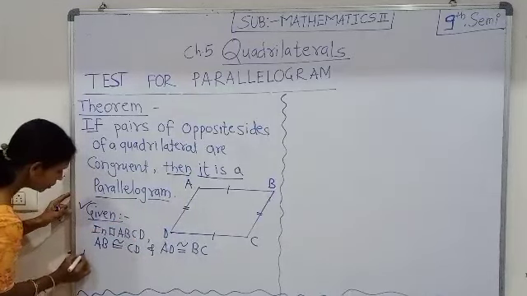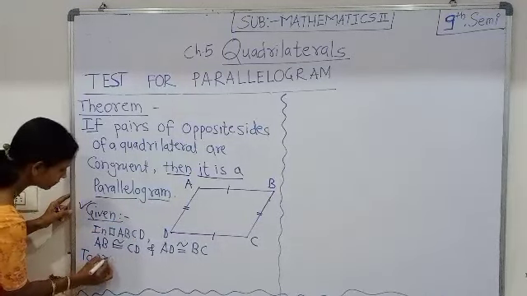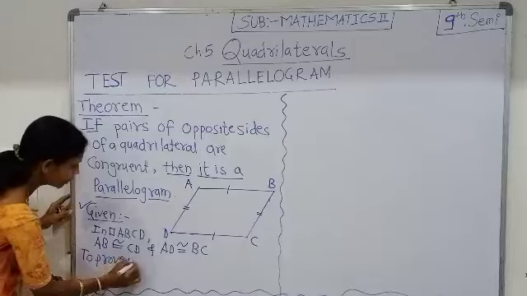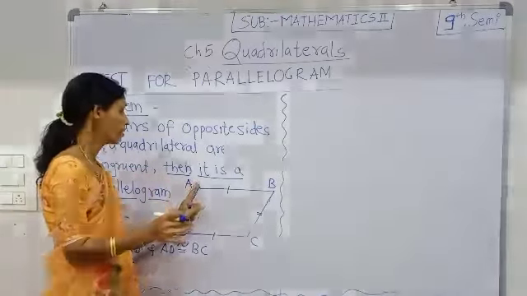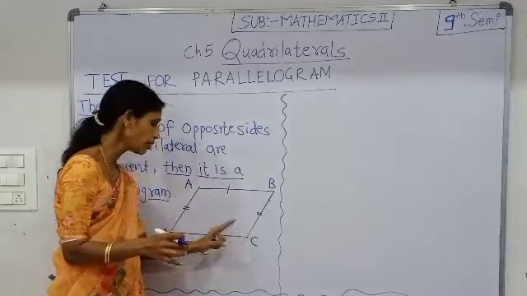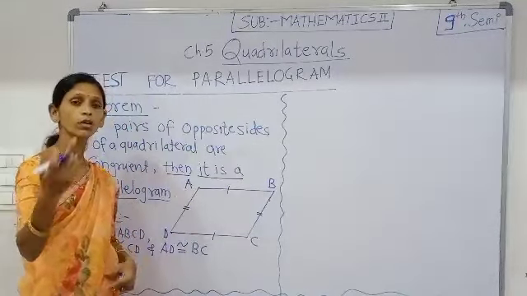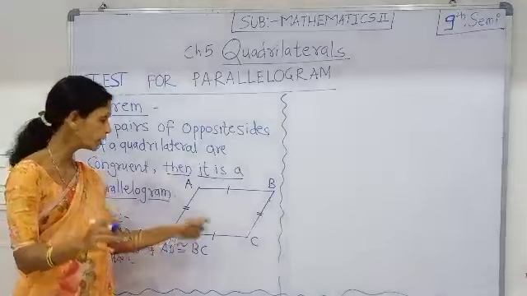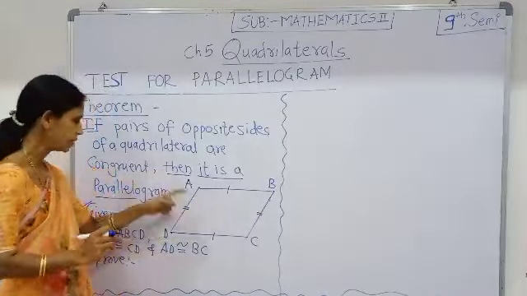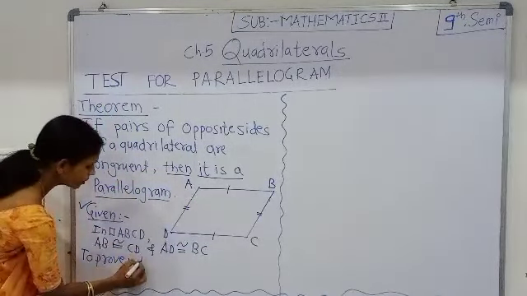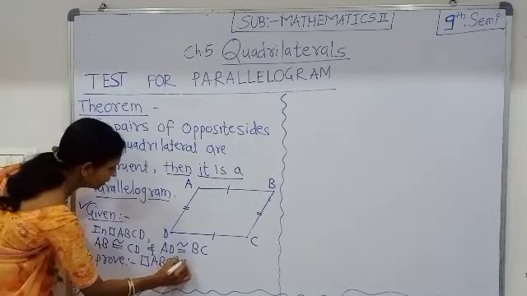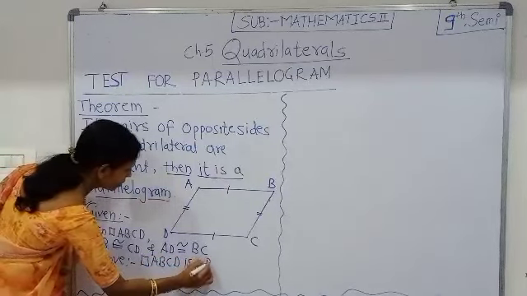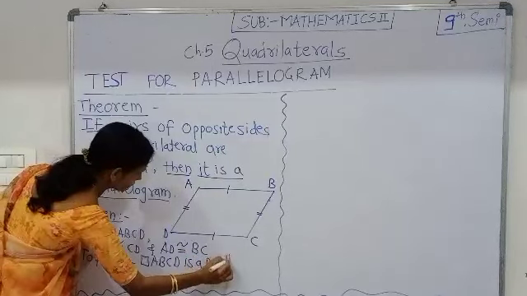Then we have to prove that the given quadrilateral, we don't know whether quadrilateral ABCD is a parallelogram or not. We have to prove that this quadrilateral is a parallelogram. Therefore, we have to prove that quadrilateral ABCD is a parallelogram.